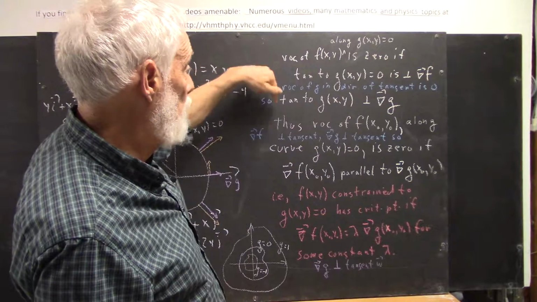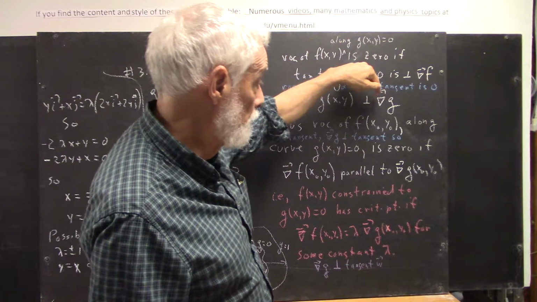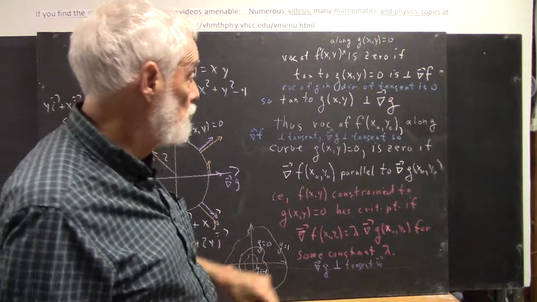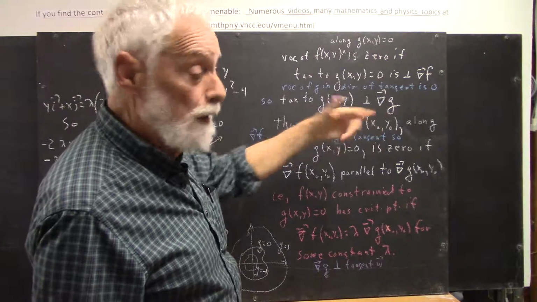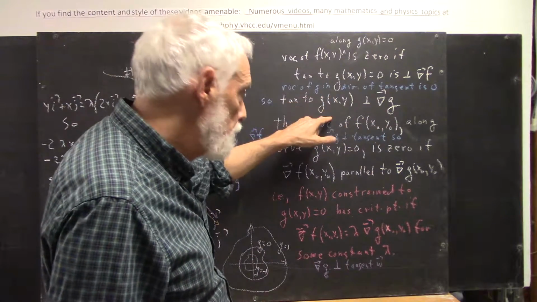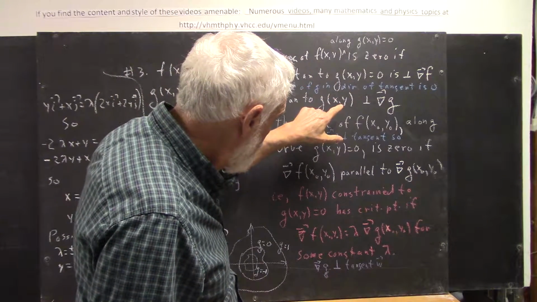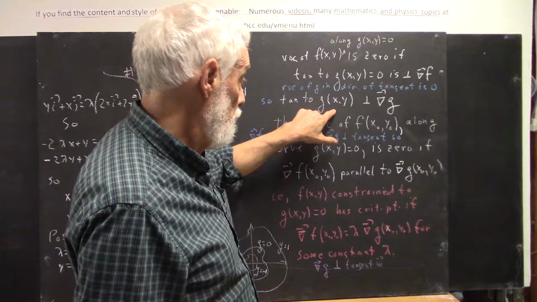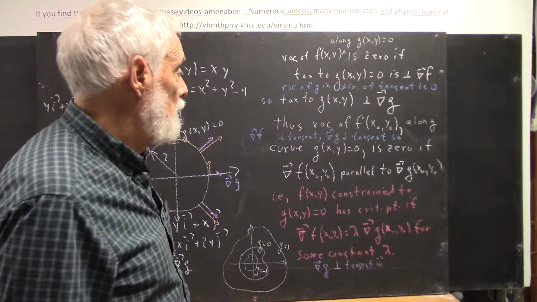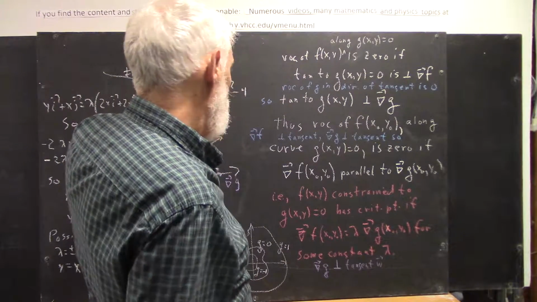Okay, so that's perpendicular to del f, and the tangent to g of x,y is also perpendicular to the gradient of g, a property of any level curve. The gradient of a function is always perpendicular to its level curve. So, two important concepts.